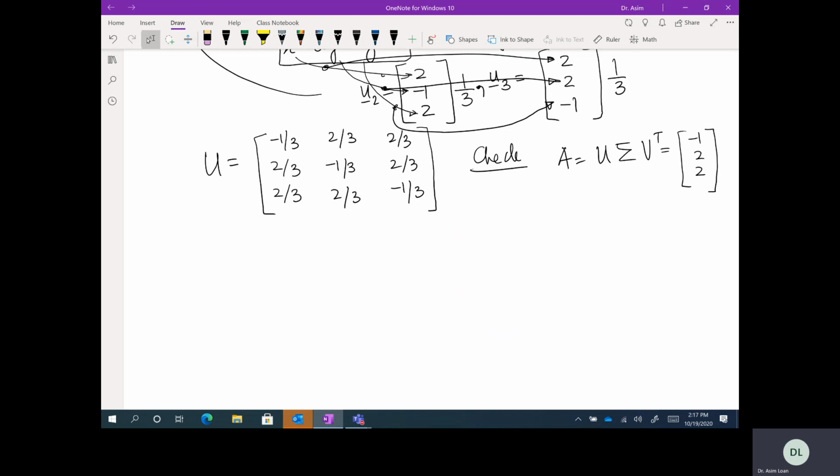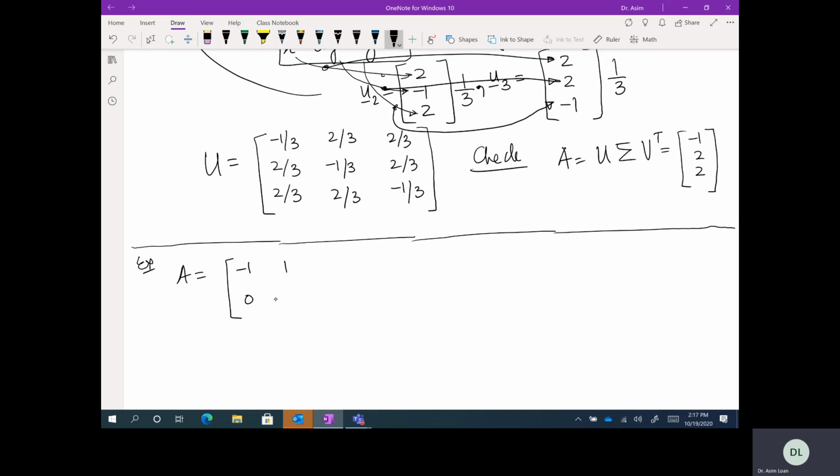Let's look at another example. We'll now do a fat matrix one. So A is equal to, for example, minus 1, 0, 1, minus 1, 0, and 1.